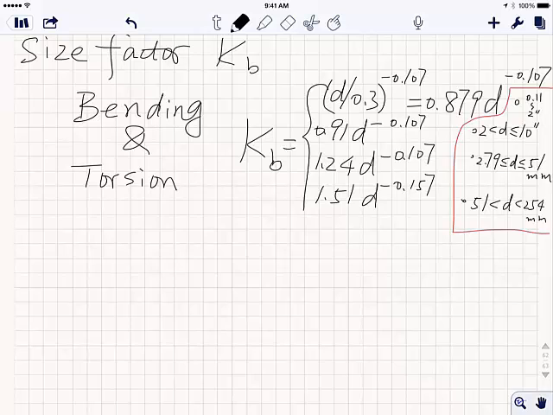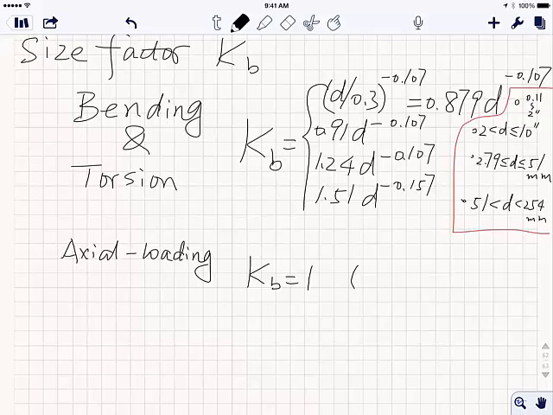This Kb is just equal to 1 at this condition, right? Now, in order to consider that, Kc will kick in and take care of the axial loading conditions, right? Okay, so let's see here.